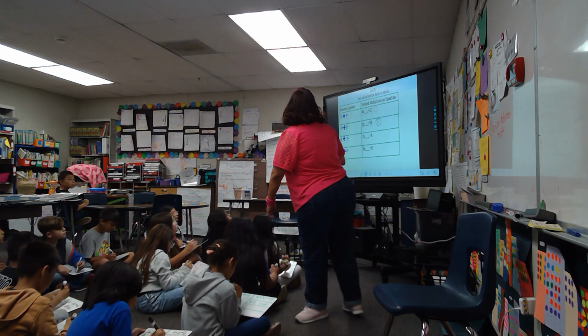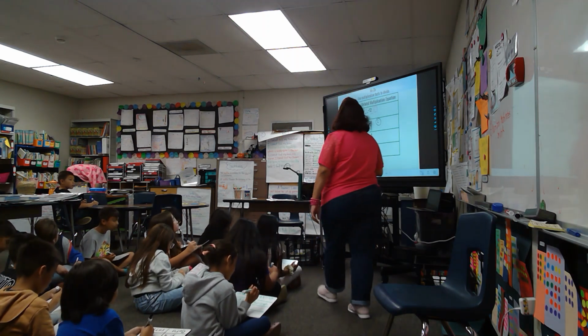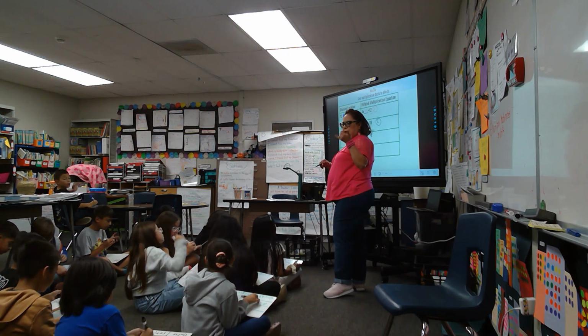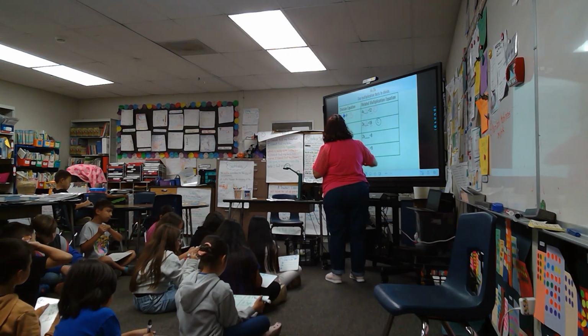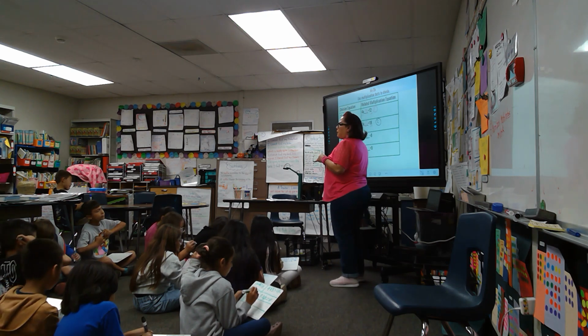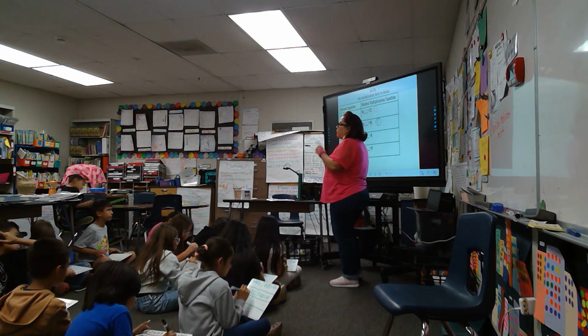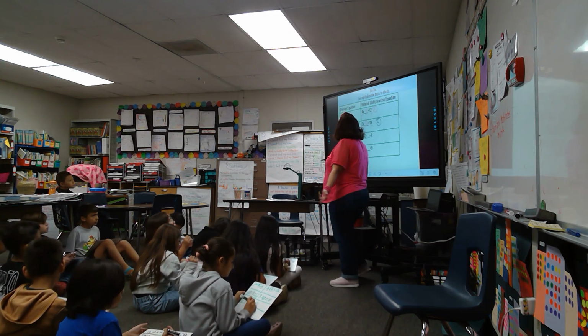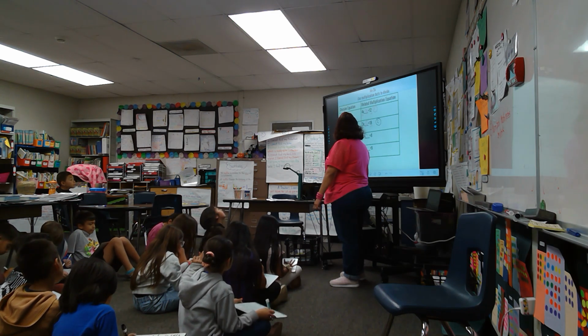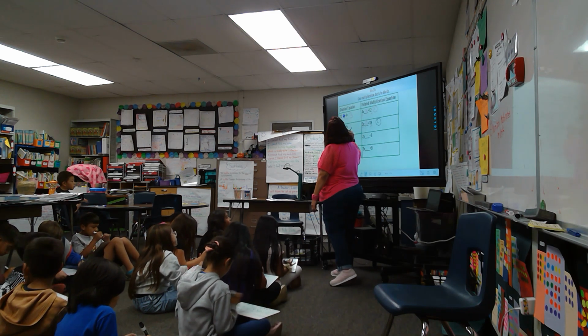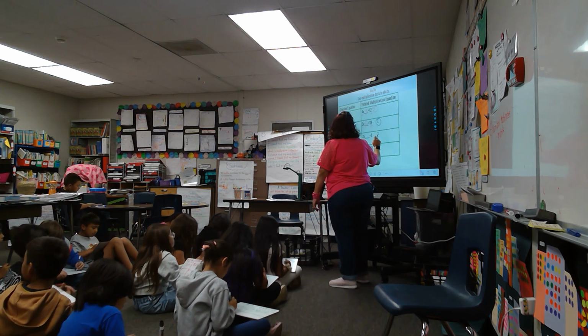Okay, Saul, what do you think it is? It's 6. Do we agree that it's 6? Yes, it is 6. Good job, Saul. So 3 times 6 equals 18. So I'm going to do the inverse operation. And Jude, what would be 18 divided by 3? 6. Very good, 6.